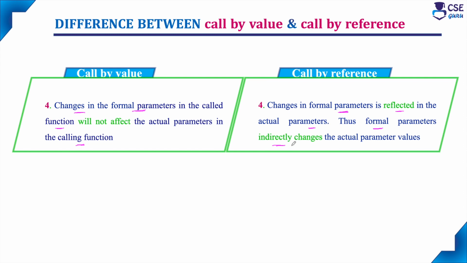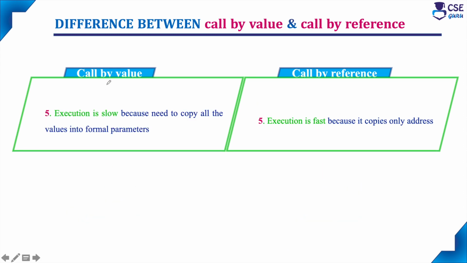This is the fourth difference. Next, in call by value, execution is slow because we need to copy all the values into the formal parameter. Since the actual parameter sends a copy of the variable values to the formal parameter, the formal parameter separately needs to allocate a separate memory location to store the variable values. To store the variable values of actual parameters, we need a memory location.